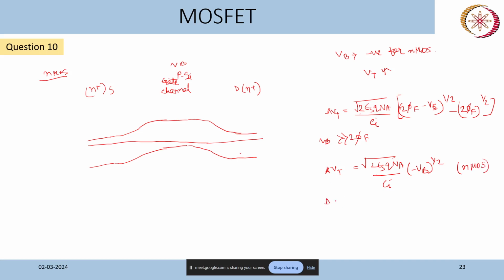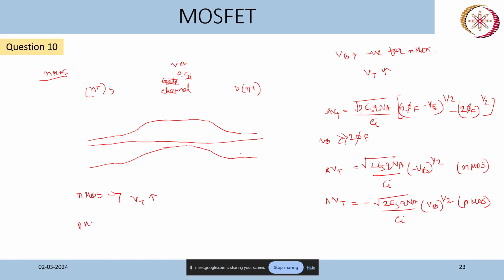Similarly for PMOS, let's write the negative sign here, Ci VB to the half. So what happens for NMOS? VB is negative for NMOS, so delta VT is positive and VT increases, because the barrier height increases.